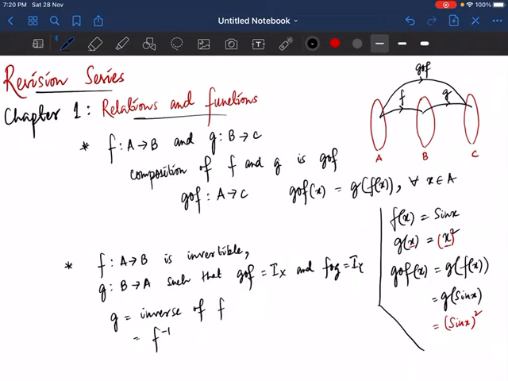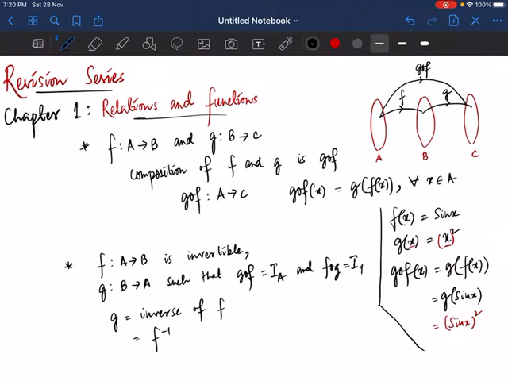So when can I say a function f from A to B is invertible? If there is a function g from B to A such that g of f is equal to Ix. Actually it won't be Ix, it will be IA, because here the function is from A to B, right? And here it will not be Iy, it will be IB.